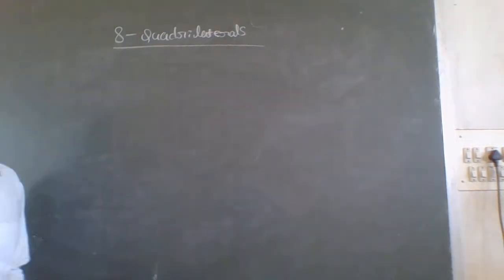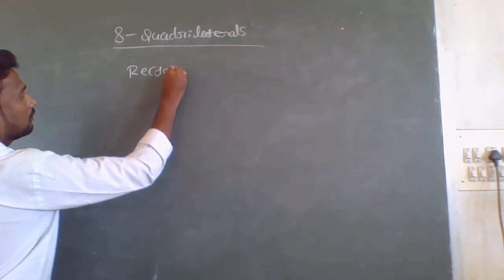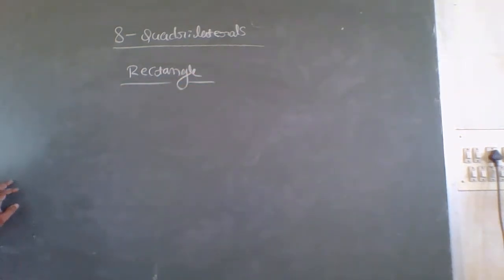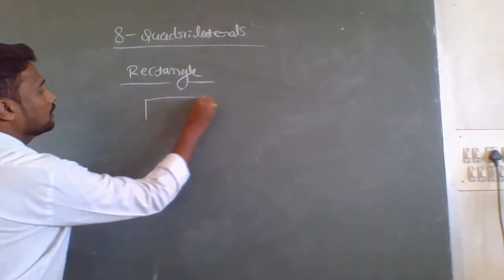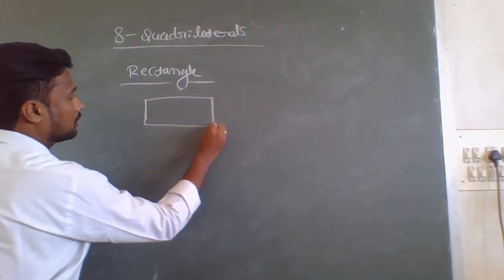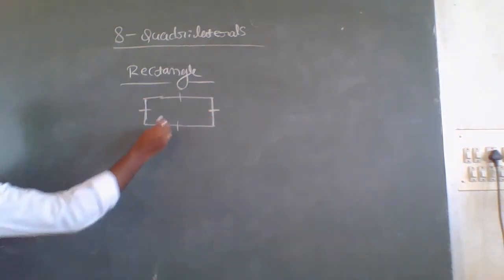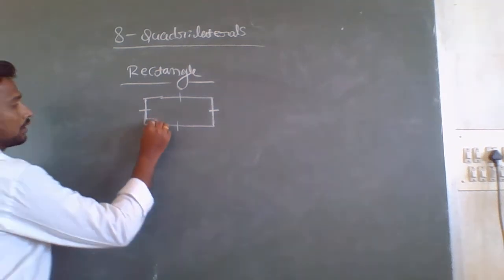So the next quadrilateral is rectangle. Now I will consider another quadrilateral, rectangle. So a rectangle is a parallelogram with right angles. This is also a parallelogram because opposite sides are parallel to each other and opposite sides are equal to each other. Therefore, this is a parallelogram only, but here angles are right angles. Means all the angles are 90 degrees.